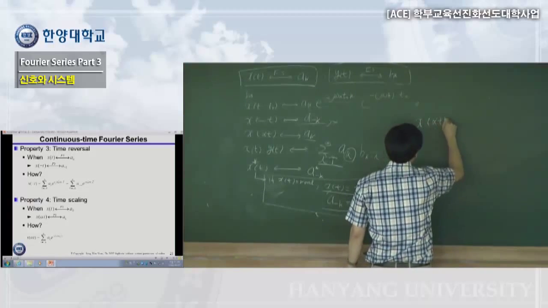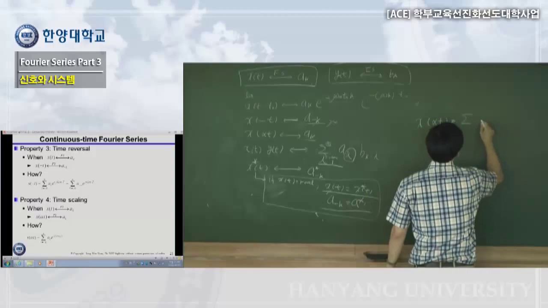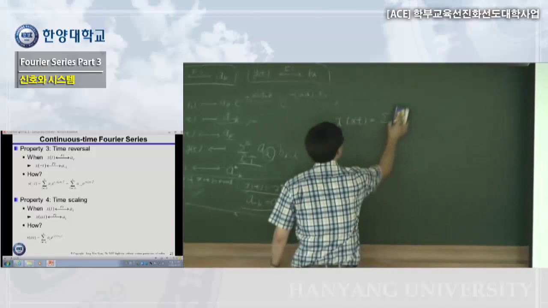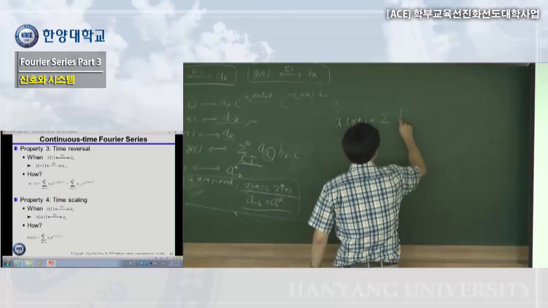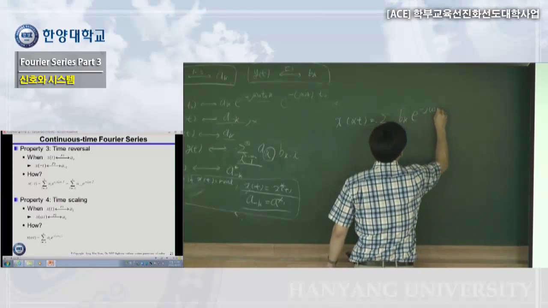So x alpha t is what? Now exponential a, say bk, minus j omega 0.